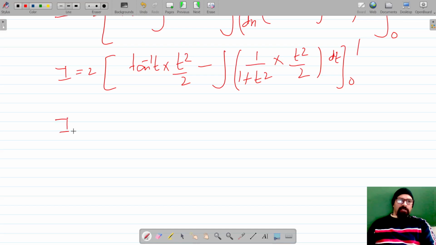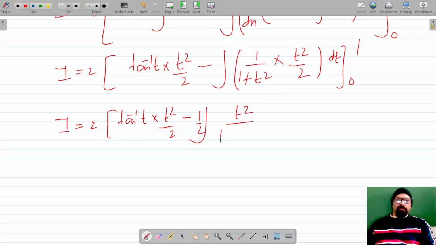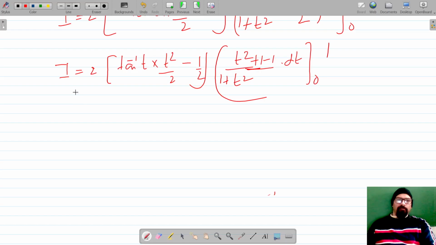Okay, now I is equal to 2 times tan inverse t into t squared by 2 minus, let's take 1 by 2 out, t squared over 1 plus t squared into dt for the limit 0 to 1. And to integrate this, I'm going to add and subtract 1 here.